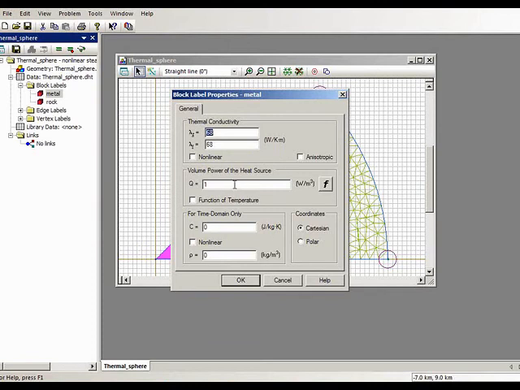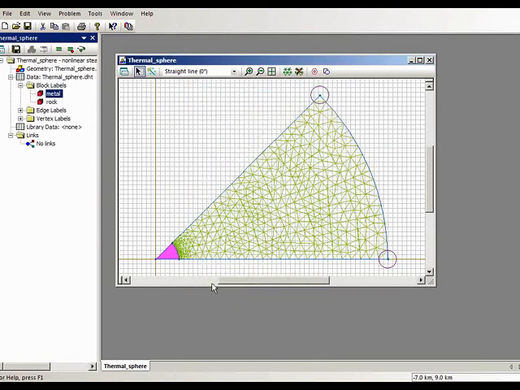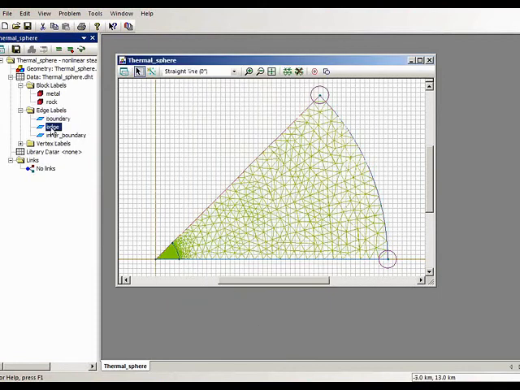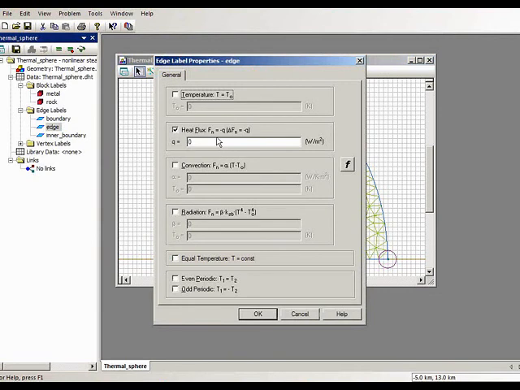And now I've included a volume power of heat source. This volume power of heat source can be due to the radioactive decay. And we have a boundary here. This is the outer boundary of our planetesimal with 100 Kelvin. This edge, we're giving 0 normal heat flux because we have spherical symmetry.